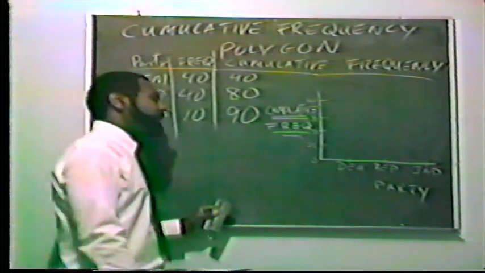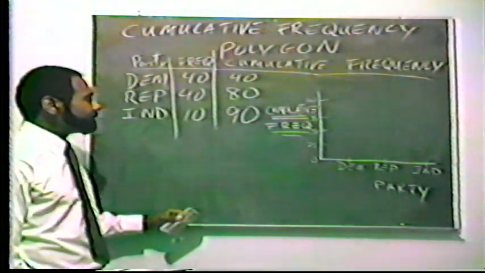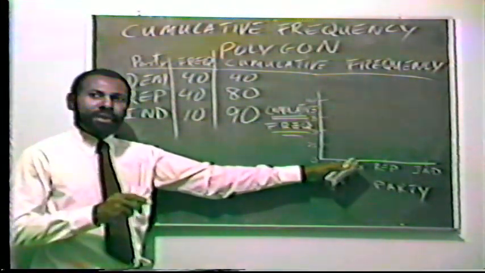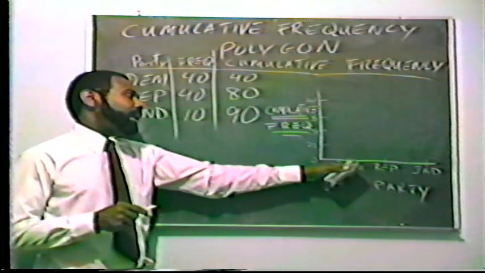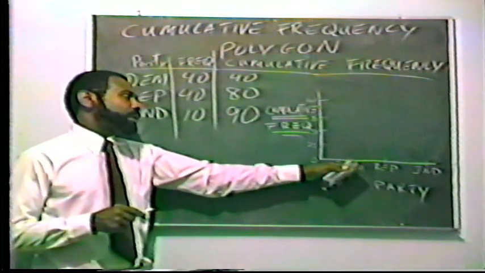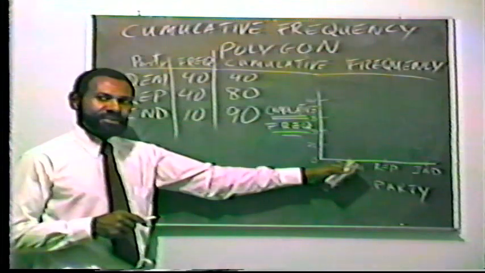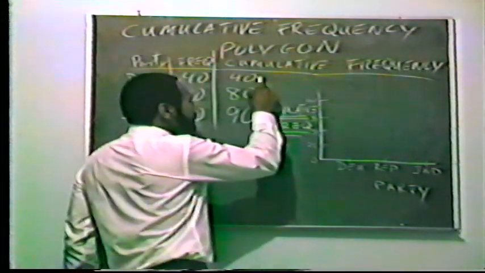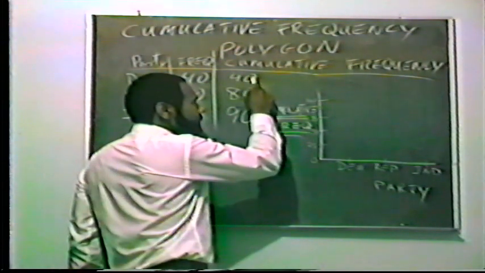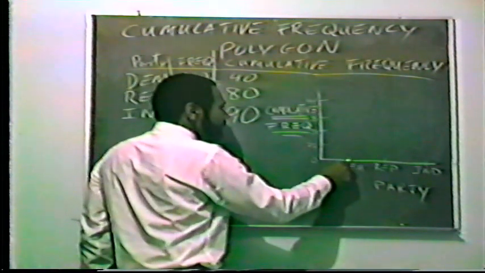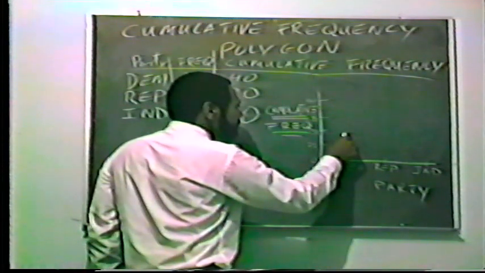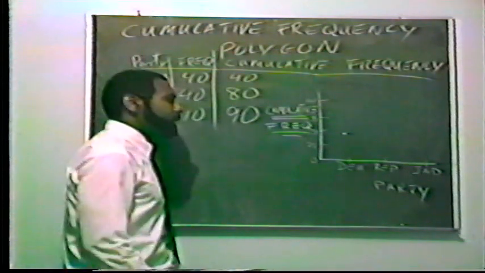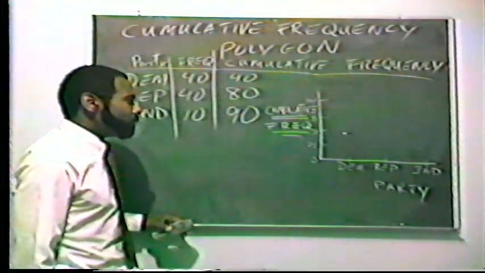Now, from there, I started with the Democrats and I put a point on my cumulative frequency up to the Democrats. The Democrats are here. There are 40 Democrats up to this point. That's the first cumulative frequency, 40. So I go all the way up to 40 and I put a dot. That represents my cumulative frequency up to that point.